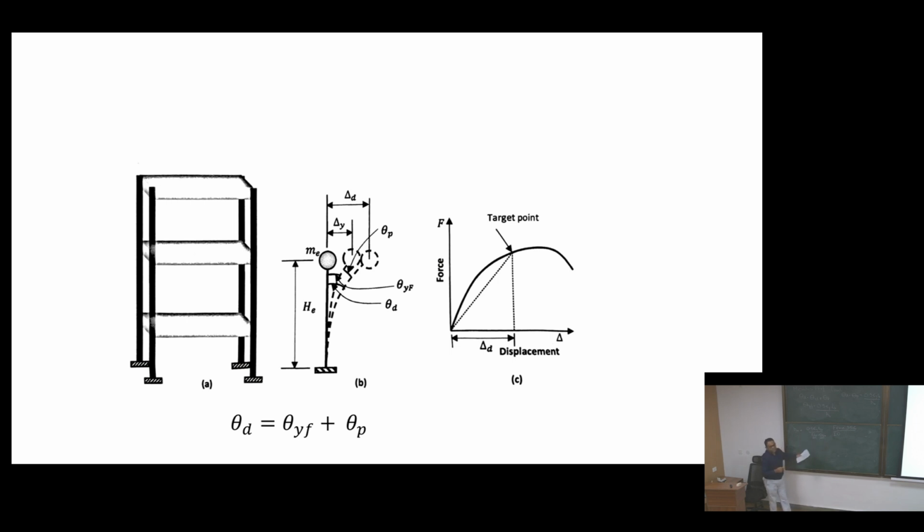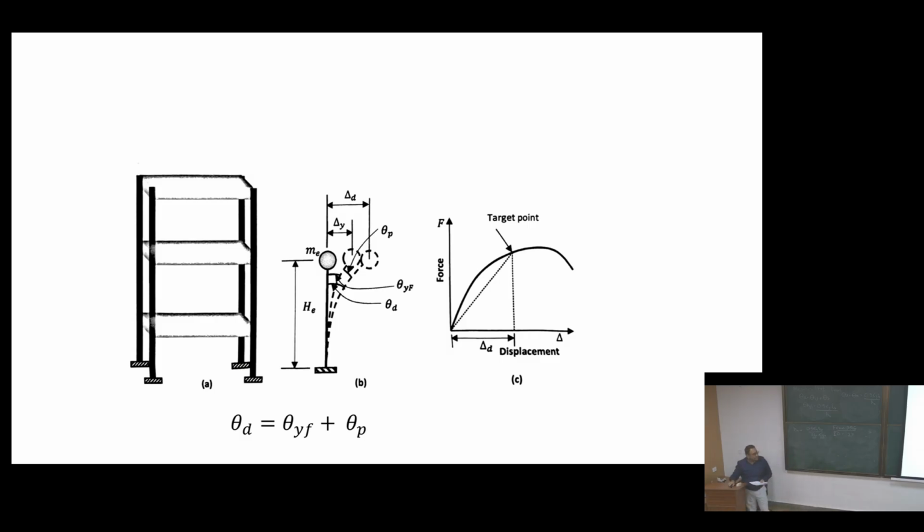The design drift is always associated with a hazard level, as we talked about, because it's your performance objective. Those hazard levels could be immediate occupancy, life safety, and collapse prevention. All three different hazard levels will have different drift requirements. So FEMA 356 says for immediate occupancy, you should have 1% transient drift with negligible permanent drift.